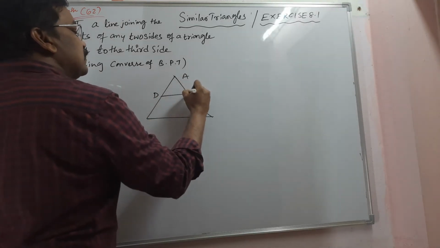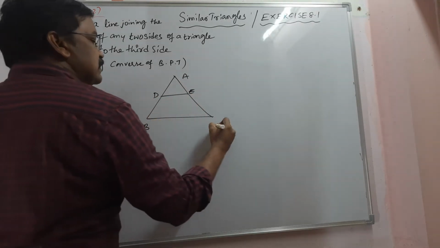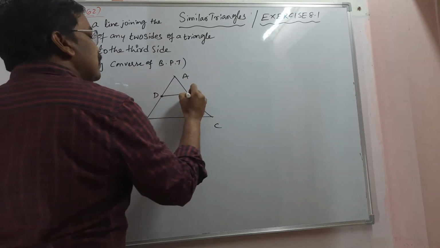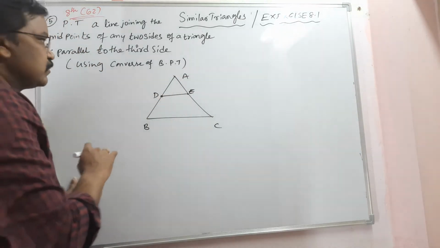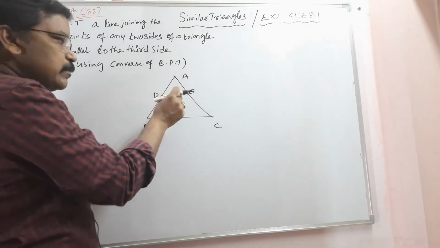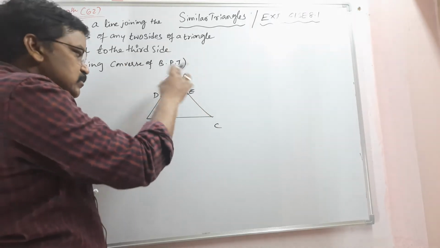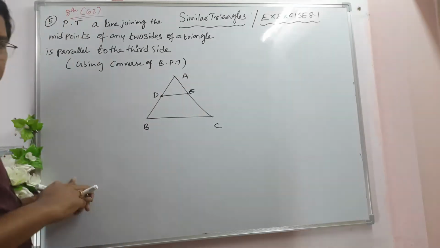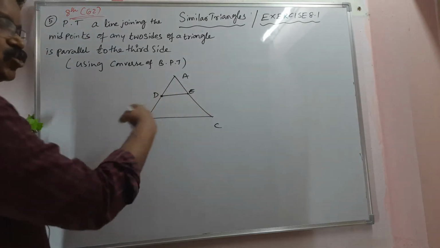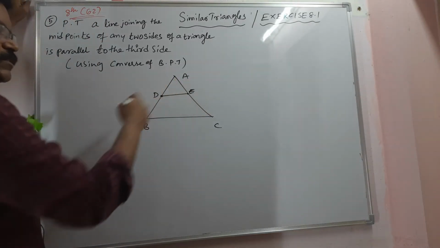So in this triangle ABC, D and E are the midpoints. D and E are the midpoints of AB and AC respectively. So this is a line joining the midpoints of the two sides of a triangle.